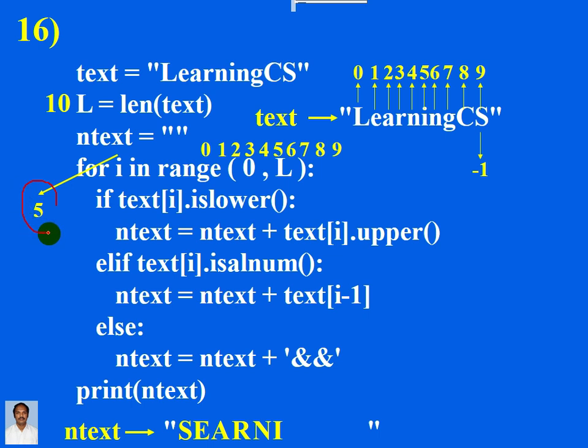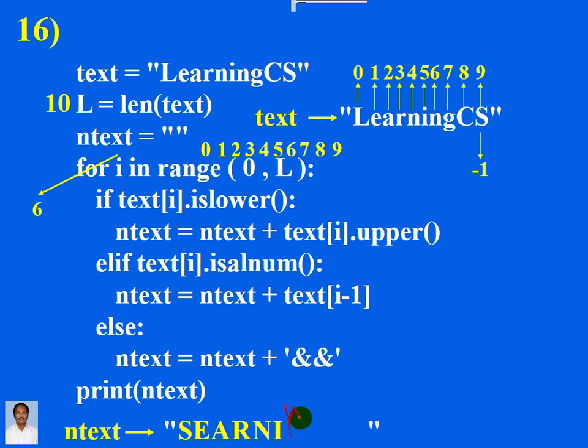I takes the next integer in the range, 6. Now text of 6. So here you get small n. Small n dot is lower. True. So this will be executed. N text, which is this, concatenated with, I is 6, text of 6 will give you small n dot upper. Here you get capital N. So that comes in N text.